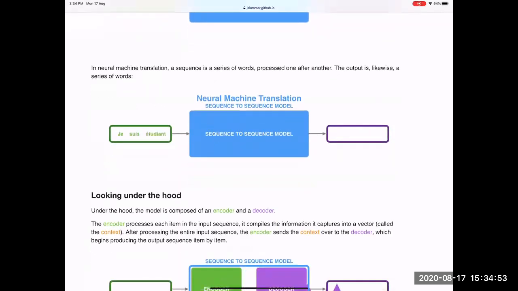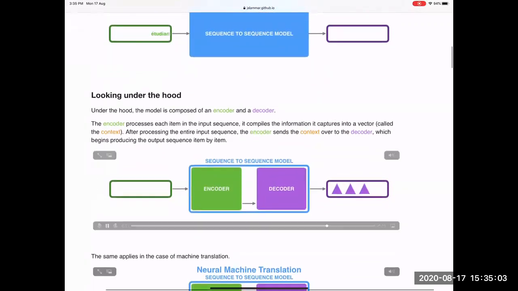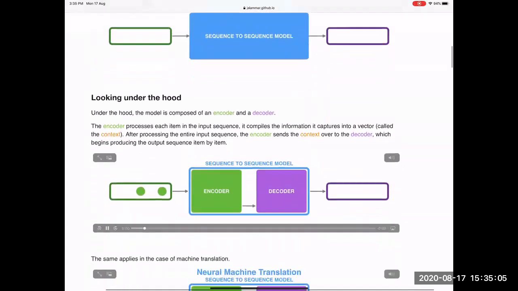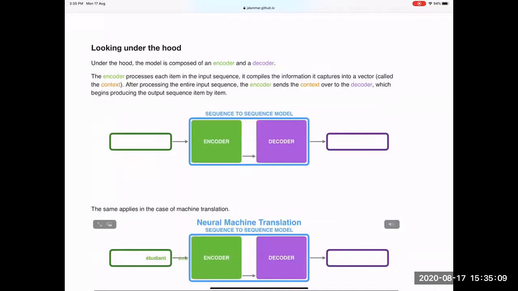This is directly from the blog, so anyways I have given credit to the author from whose blog I'm going to use. Now let us move slightly inside this, to see what is happening in this black box of sequence to sequence modeling. Now you can see that there is an encoder and a decoder. As I have said, many to one can be seen as one encoder, and one to many can be seen as another, a decoder.